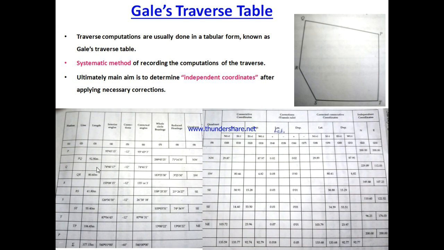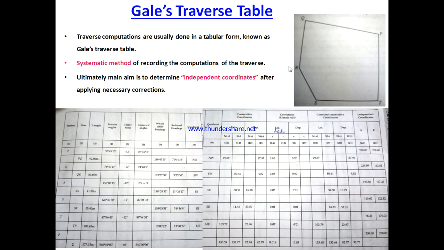For line QR, the length is given as 80.60 meter. Similarly, after calculating the whole circle bearing of this line QR, we get 183 degree 25 minute 30 second. Which quadrant will it lie in? This line is lying in the southwest quadrant. How do you know that?